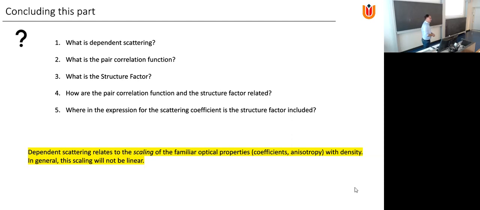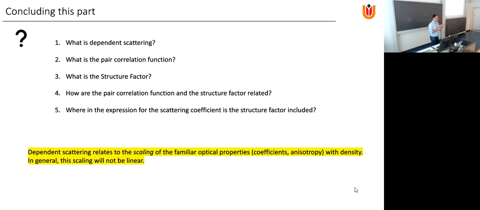How it will actually perform depends on the structure factor, and how that looks depends on the pair correlation function. So for each and every sample, you would first have to calculate or determine the pair correlation function, then Fourier transform it to get the structure factor to plug into your scattering theory. So it's obviously a lot of work, but this is the general thing.